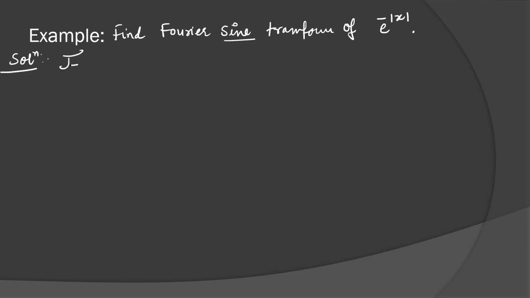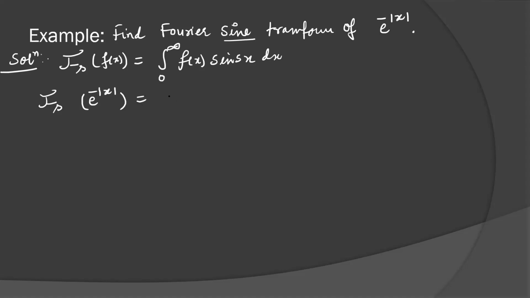What is the Fourier sine transformation of any function? It is equal to the integral from 0 to infinity of f(x) sin(sx) dx. Now the Fourier sine transformation of e to the power minus mod x is the integral from 0 to infinity of e to the power minus mod x sin(sx) dx.